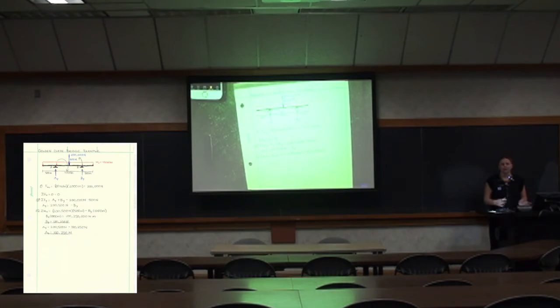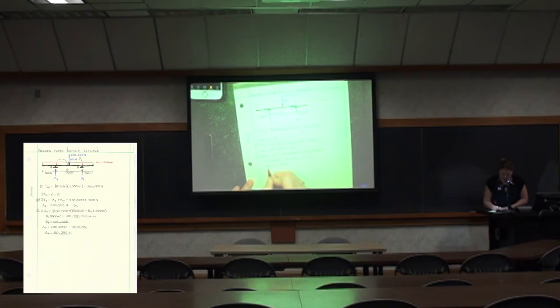So when we do this out, let's actually solve the equation. So we'll have BY on one side and the forces on the other side. So we have BY times 1,000 meters is going to equal this 200,500 times 500 meters, which you guys can do out if you have a calculator, or you can trust me in that it is 100,250,000 Newton meters. So then if we solve for BY, we get that BY equals 100,250 newtons.